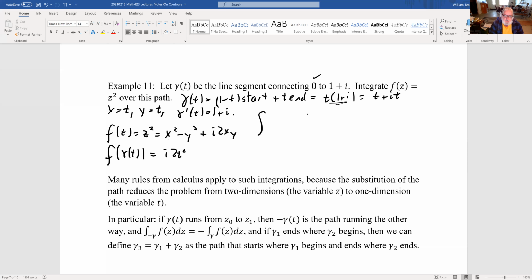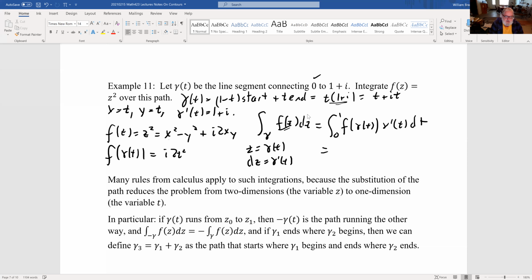So the integral along the path of f of z dz is an integral by substitution. You set z equal to gamma of t, dz equals gamma prime of t dt. So if we plug gamma of t into our function, I should write it out. So 0 to 1, those are my limits on t, of f of gamma of t times gamma prime of t dt.